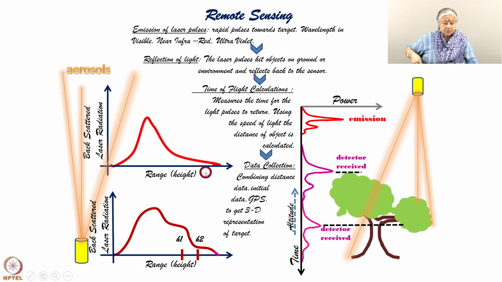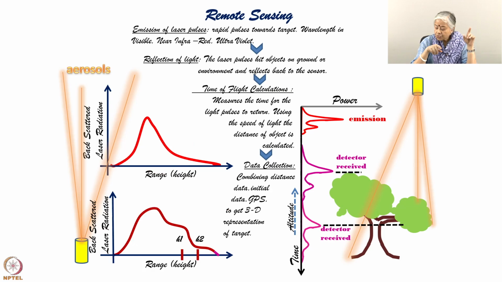This is the range or the height from the time of flight you have calculated. You know what is the range of that particle in the atmosphere. And then this is the backscattering of the laser radiation. Okay, the laser radiation which has backscattered. So basically this is the graph which your sensor has detected after the whole time of flight.